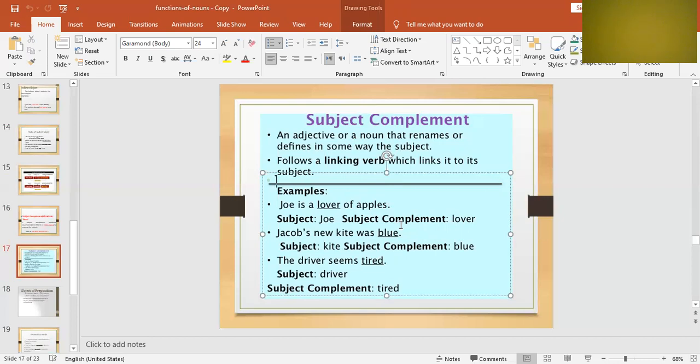You see, Joe is a lover of apples. It can also be an adjective, when I say Joe is tall. The subject complement is an adjective. Joe is tall. The baby is happy, or the baby seems happy. She seems intelligent. So the subject complement here is an adjective.